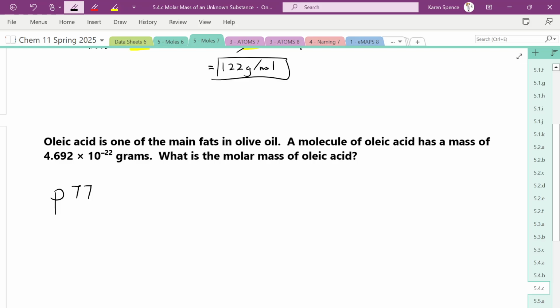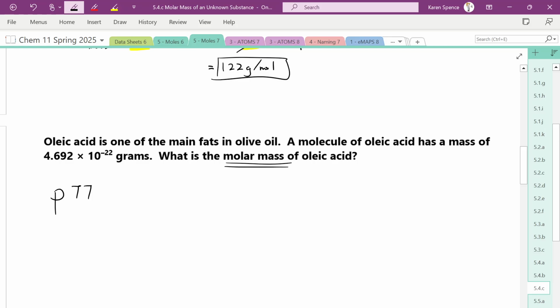Do we need any of that information? No. A molecule of oleic acid has a mass of 4.692 times 10 to the negative 22 grams. What is the molar mass?